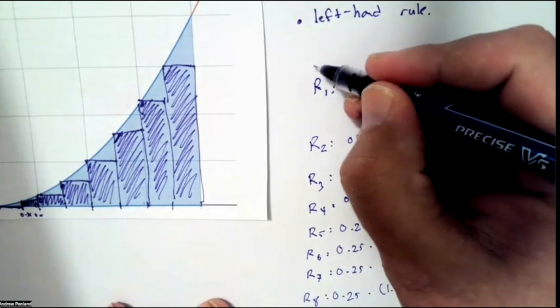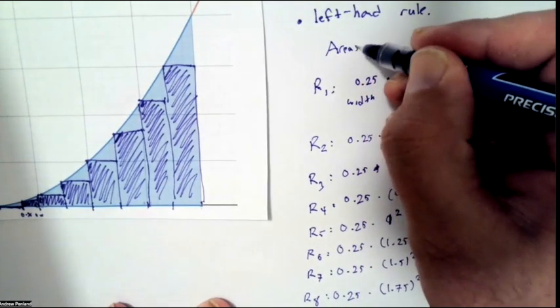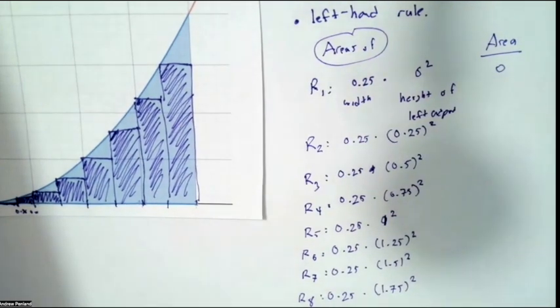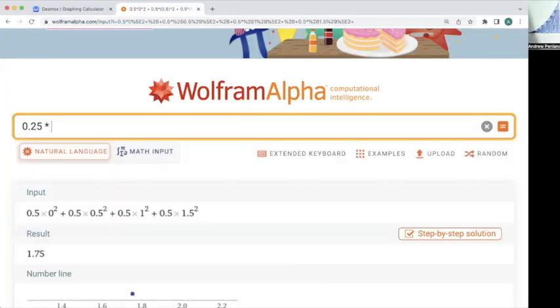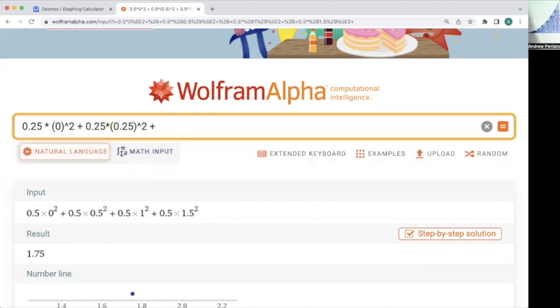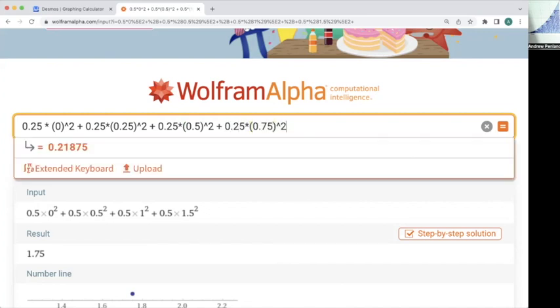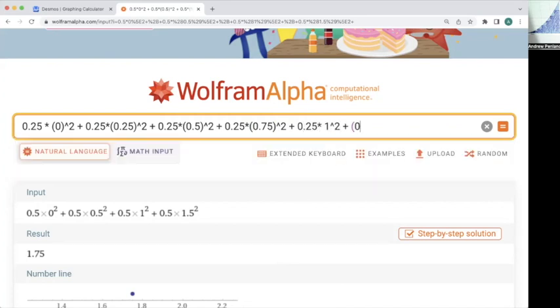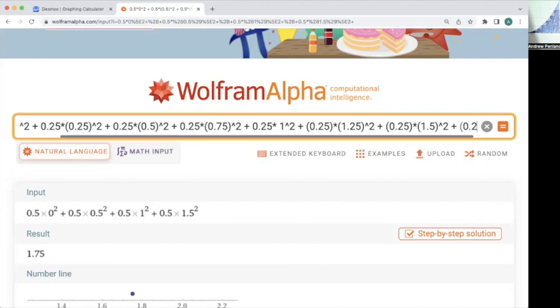So I'm going to be adding up the areas of all of these different rectangles, and that gives me the approximation. To do that, I have 0.25 times 0 squared plus 0.25 times 0.25 squared plus 0.25 times 0.5 squared plus 0.25 times 0.75 squared plus 0.25 times 1 squared plus 0.25 times 1.25 squared plus 0.25 times 1.5 squared plus 0.25 times 1.75 squared.